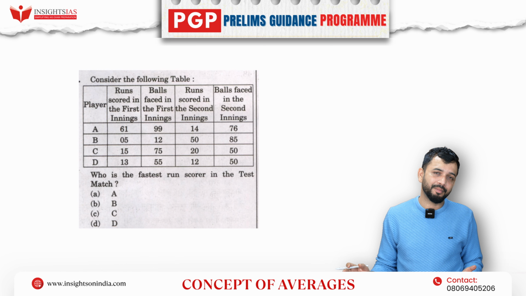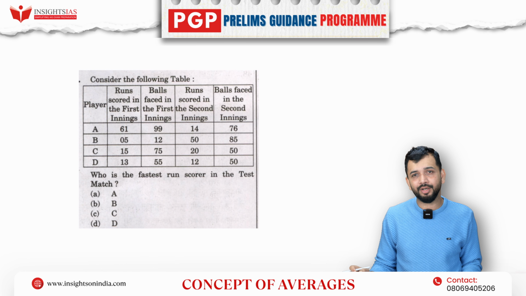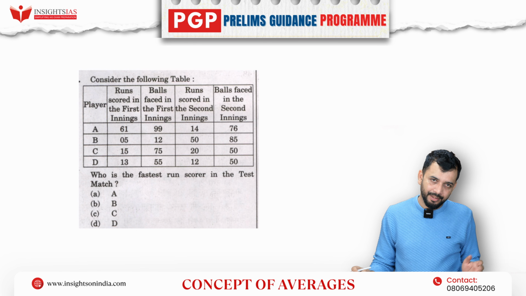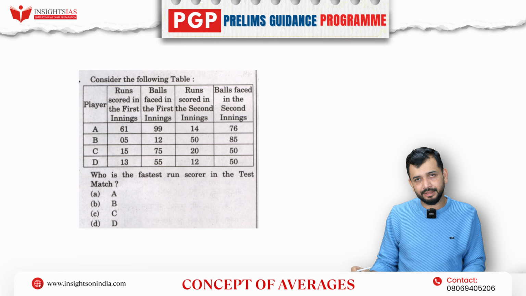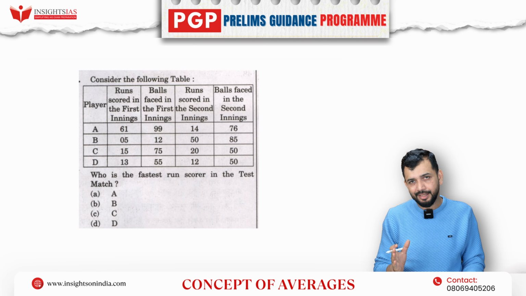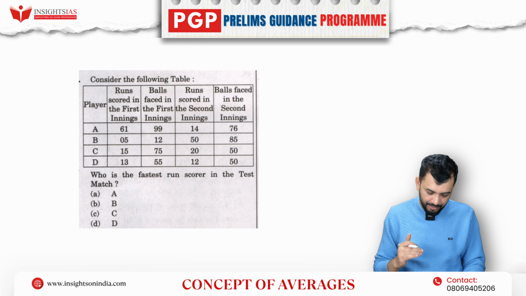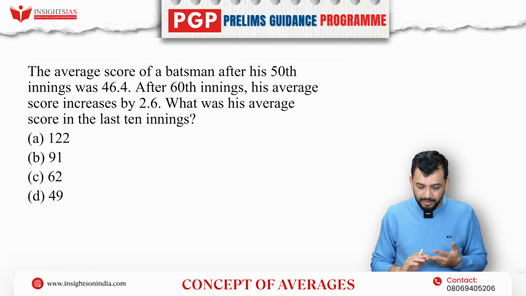Whoever has taken fewer balls for each run, that is one way of looking at it. Or per ball, how many runs he has scored. Whoever has scored more runs per ball will be the fastest run scorer. So that is a manual calculation, and that is the logic behind it. Please understand that, do it, and put the answer in the comments, whether it is A, B, C, or D.